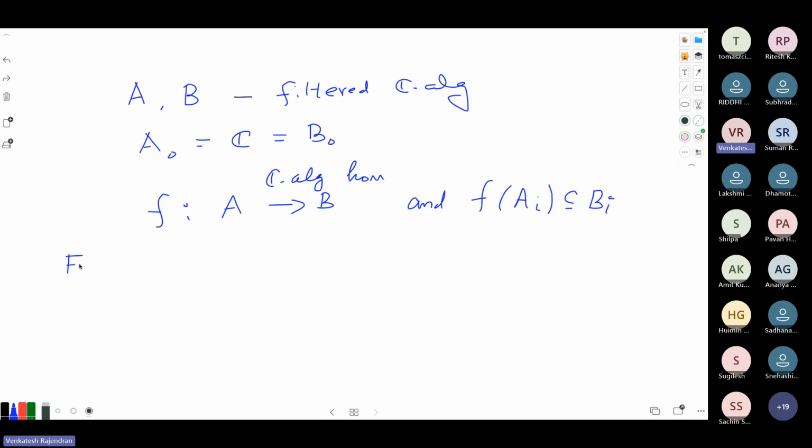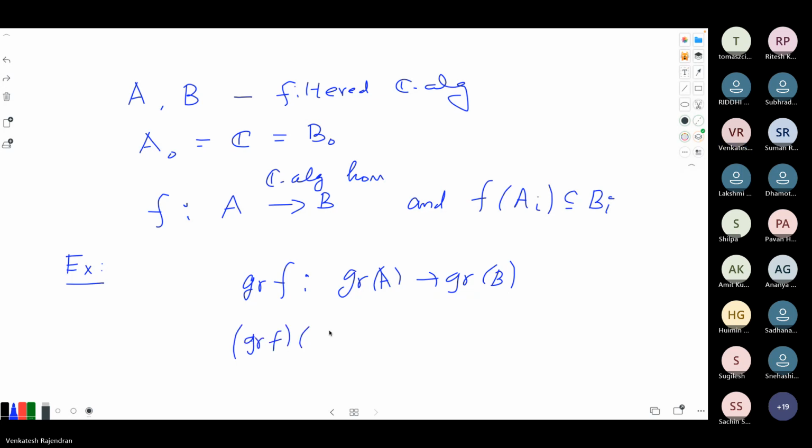Now it's an easy exercise. If you have such a morphism, then that will induce a C-algebra map between the associated graded algebras. So you can define gr f from gr A to gr B, which is a natural map, defined by gr f of (a_i + A_{i-1}) equals f(a_i) + B_{i-1}.